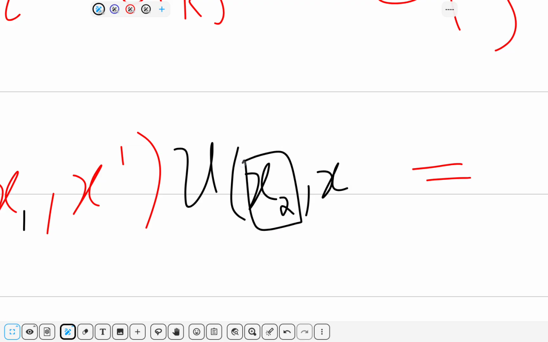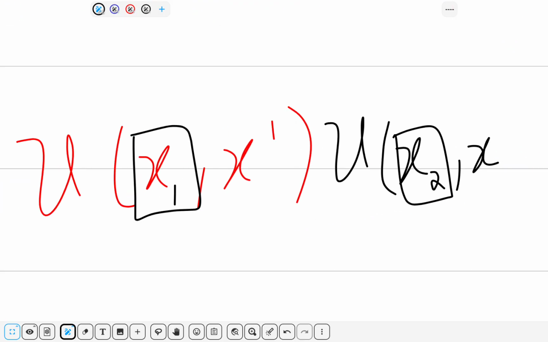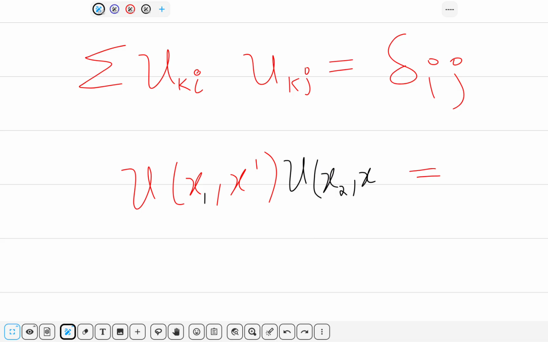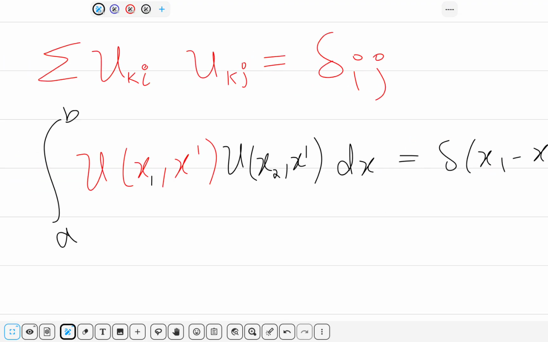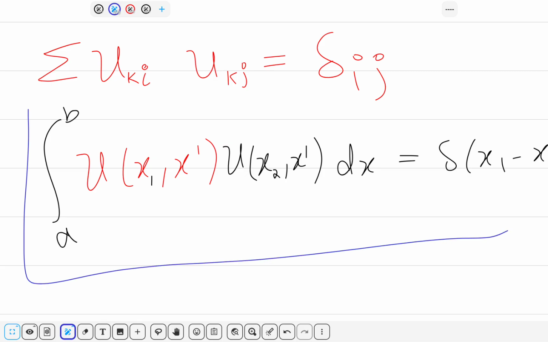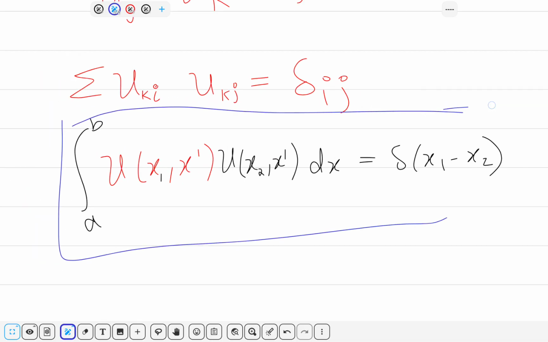So basically this will correspond to that particular column. And when I do this and integrate throughout, I should get this. This should be the criteria I should be following if I really want a unitary transformation.